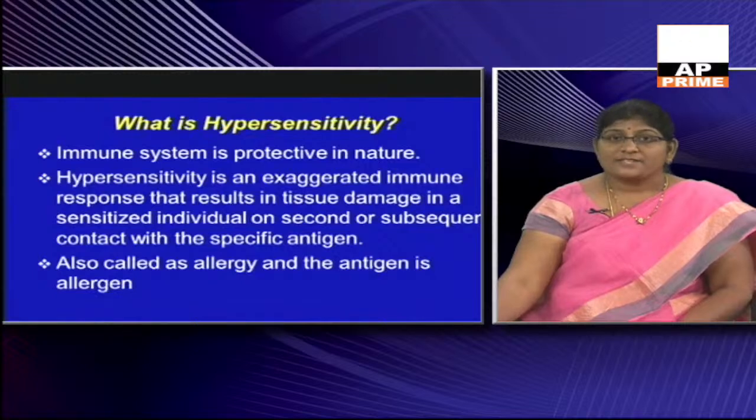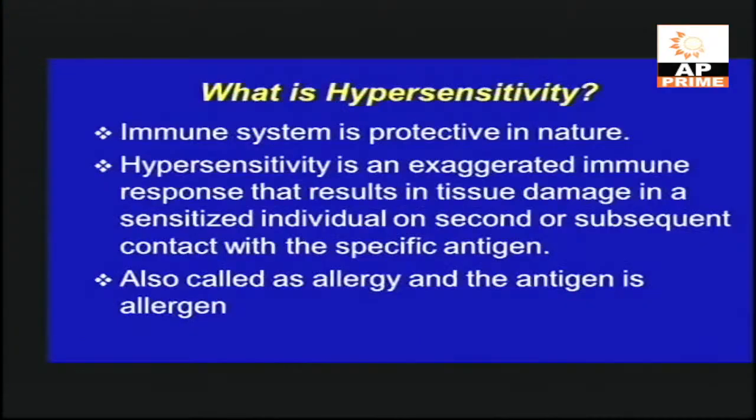In this definition, two terms are important: sensitization of the host, and second or subsequent exposure, which results in the hypersensitivity. This is also called allergy, and the antigen is termed an allergen.